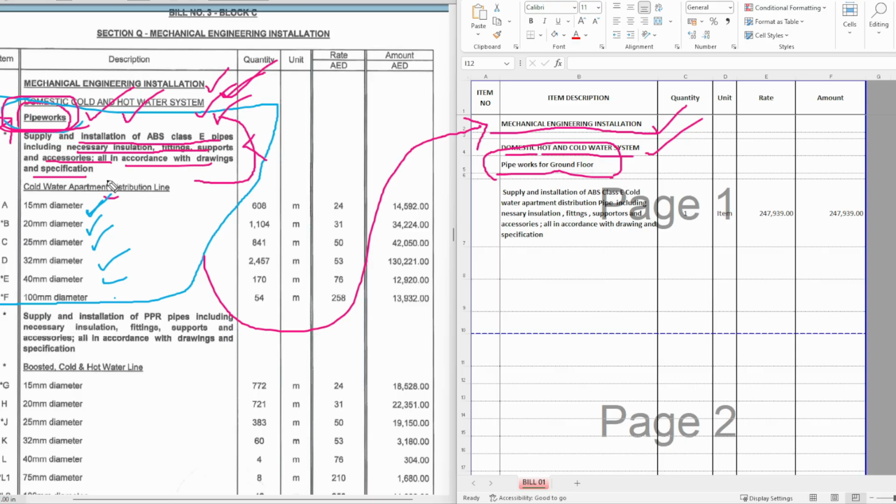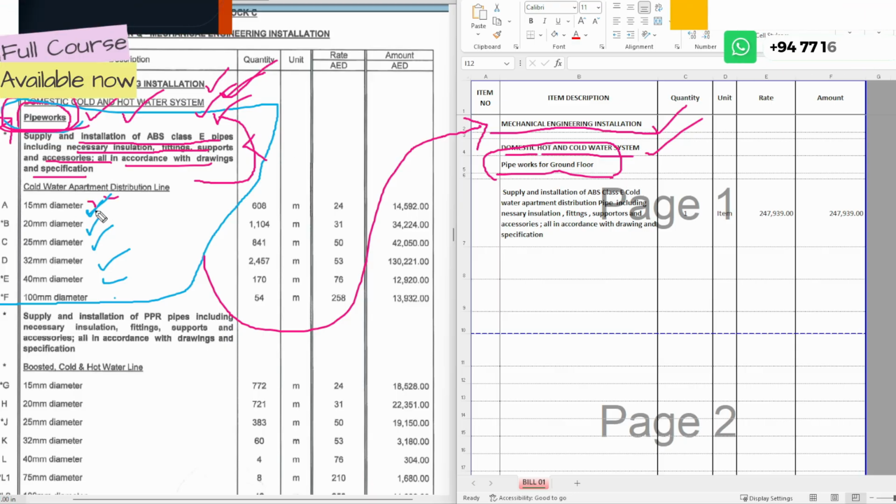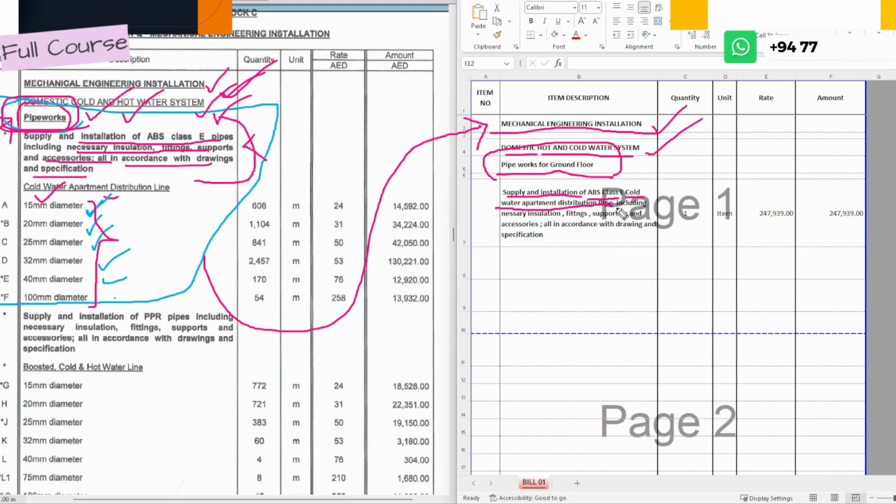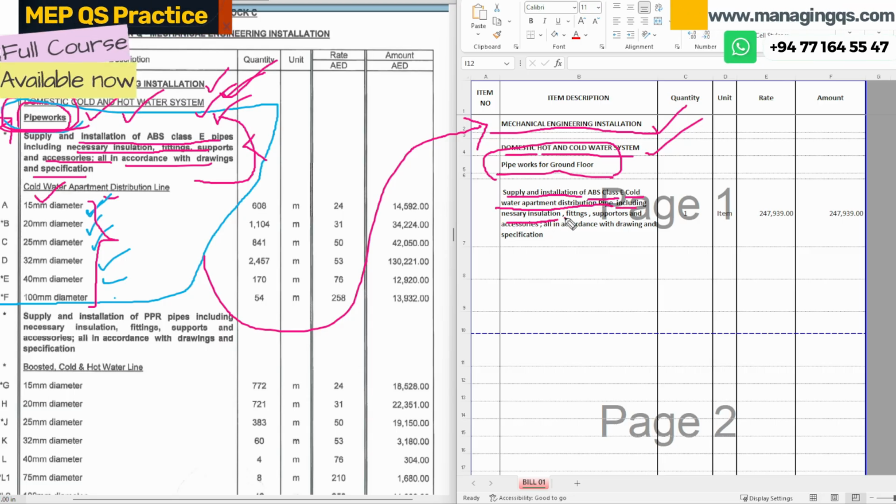In the left side you can see the pipe work is for only the cold water, cold water apartment distribution line. You can read the description on the right side: supply and installation of the ABS class E cold water apartment distribution pipe, including all the necessary installation, fittings, supports and also the accessories in accordance with the drawing and specification.